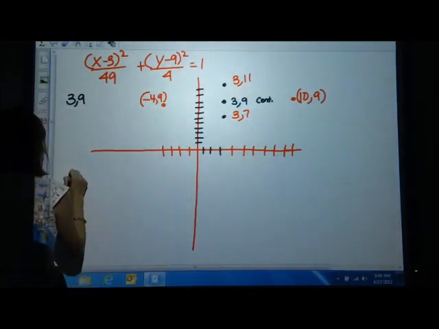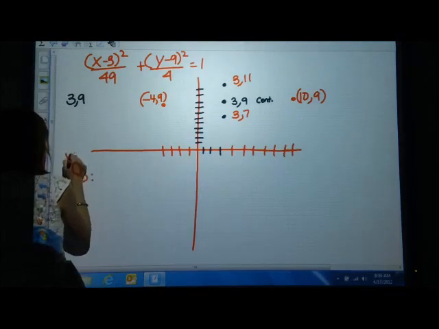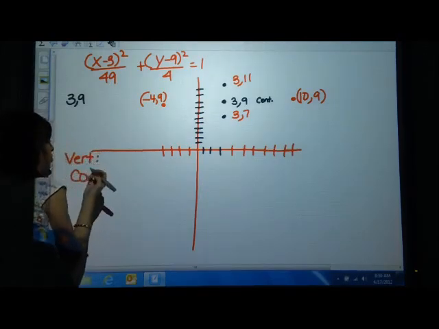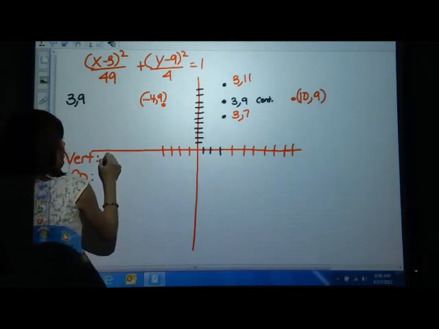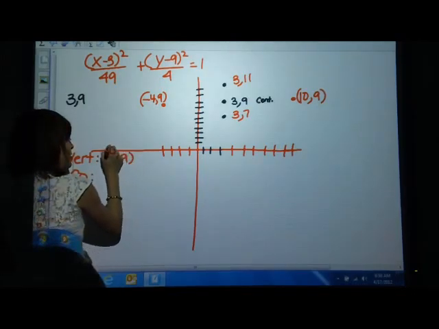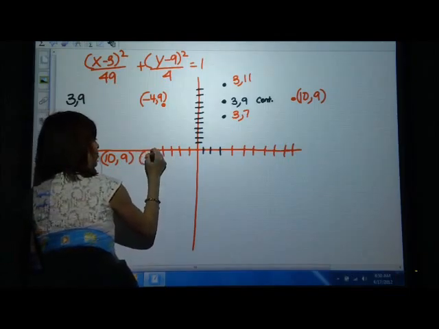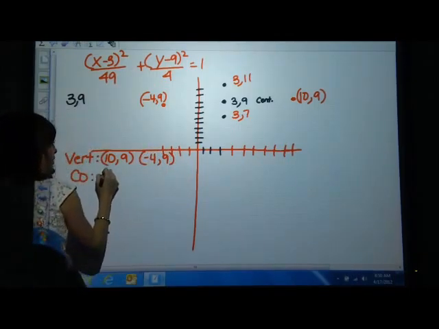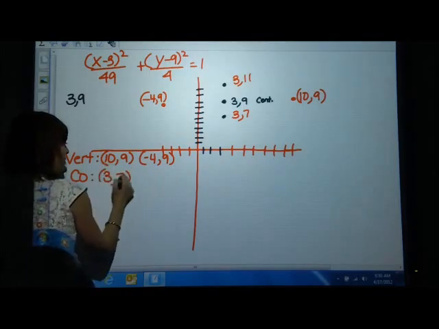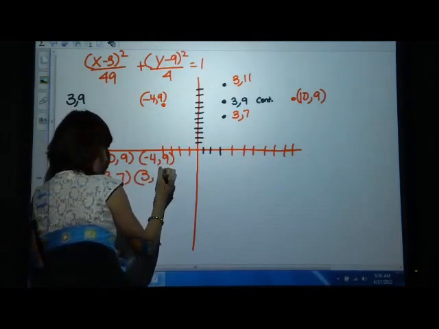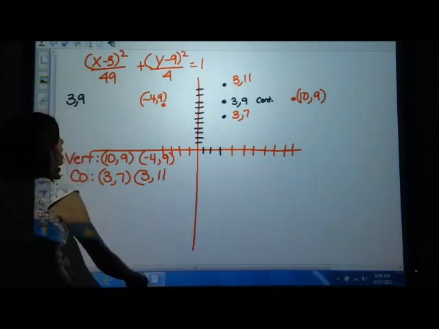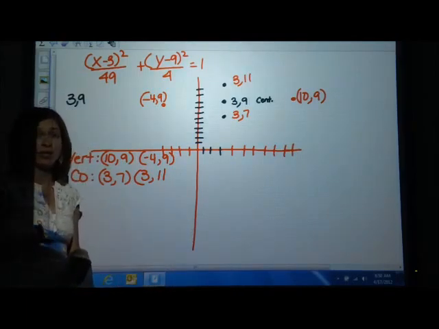I'm not going to go back to the chart, but you guys can put it in here. We've got our vertices and our co-vertices, okay? So my vertices would be (10, 9) and (-4, 9), and my co-vertices would be (3, 7) and (3, 11), okay?